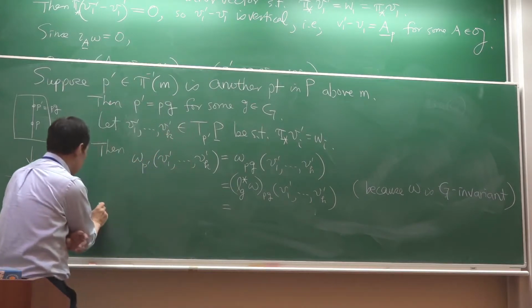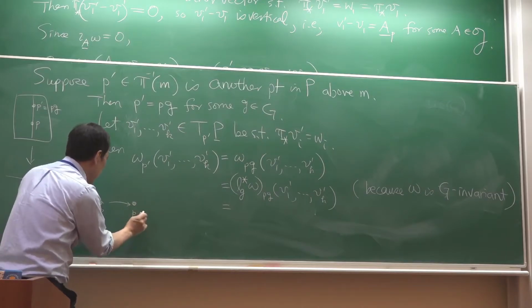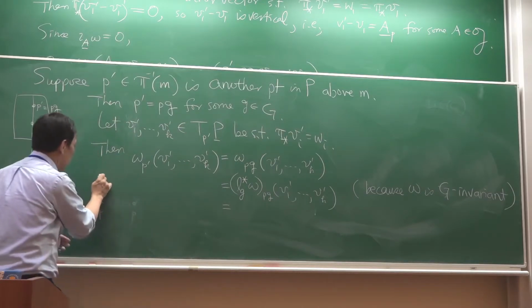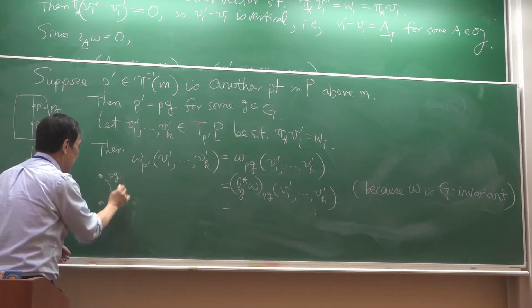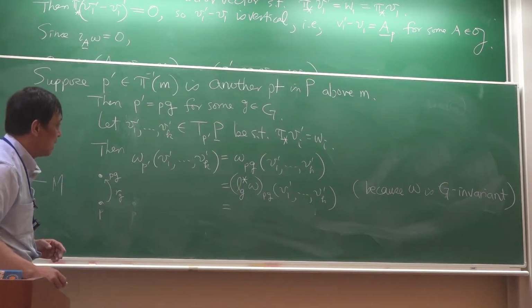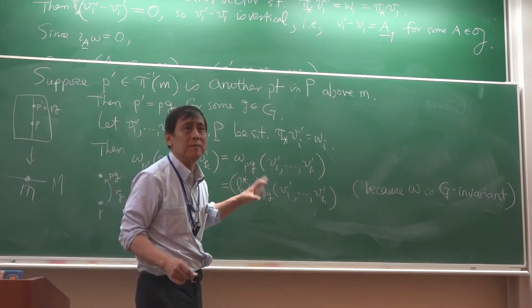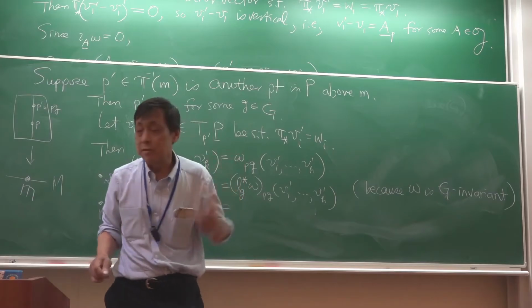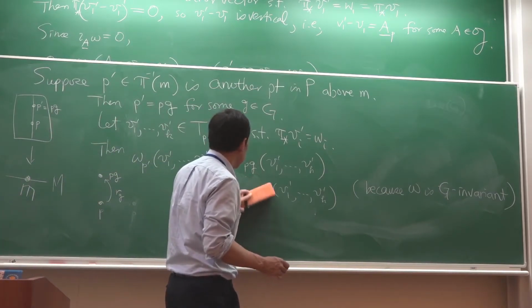Yeah, so P goes to PG by right multiplication. Oh, sorry. Yeah, this isn't right because on a Lie group, the action is on the right. So I should be using right multiplication.